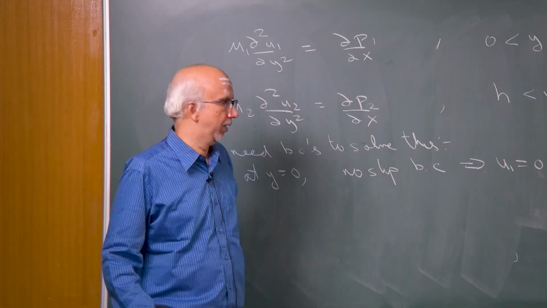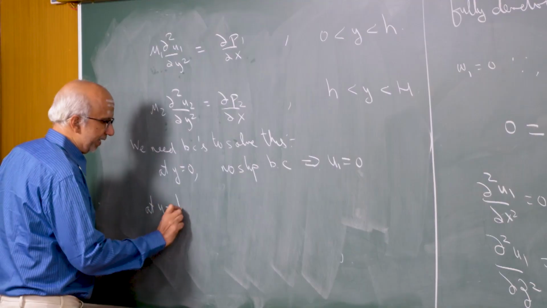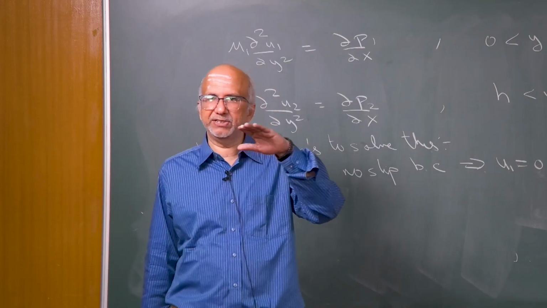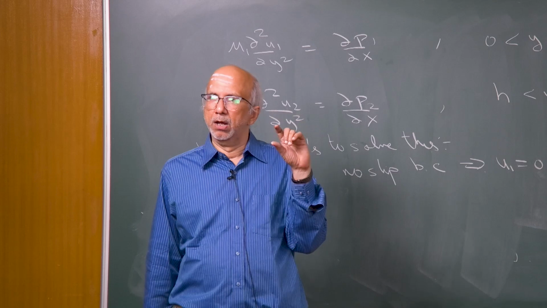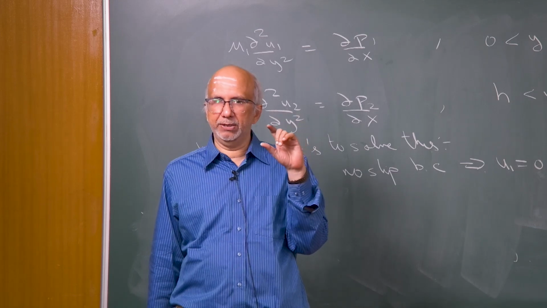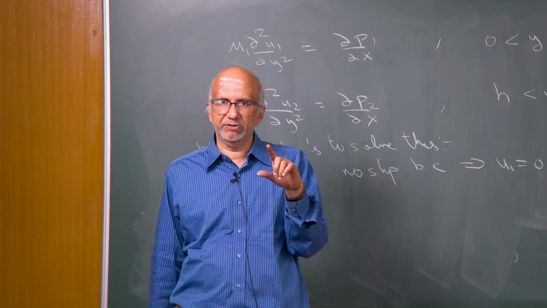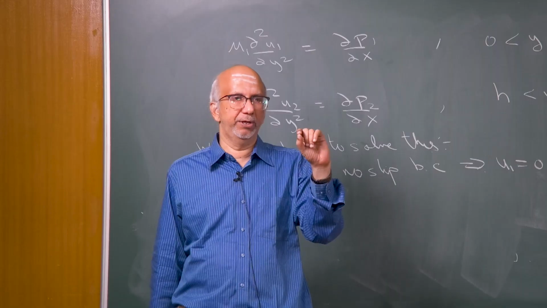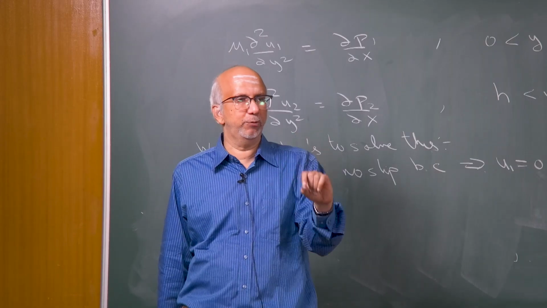okay, at y equals h. And y equals h, h is the interface between the two liquids. We are going to have a physically realistic field, which means the velocity is going to be continuous. The velocity of the first fluid at h is going to be equal to the velocity of the second fluid at h.